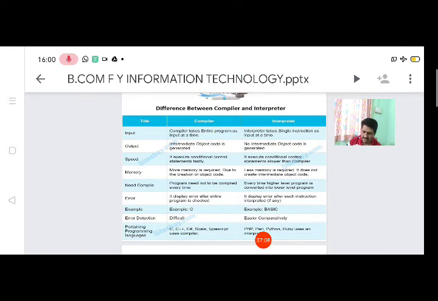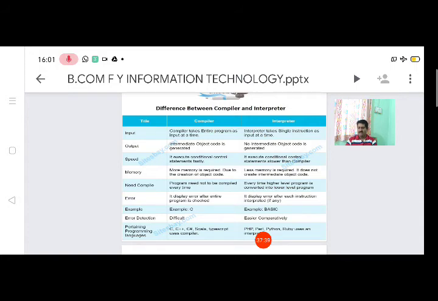Then memory: the compiler's memory requirement is more due to the creation of object code, and the interpreter requires less memory as it does not create intermediate object code.